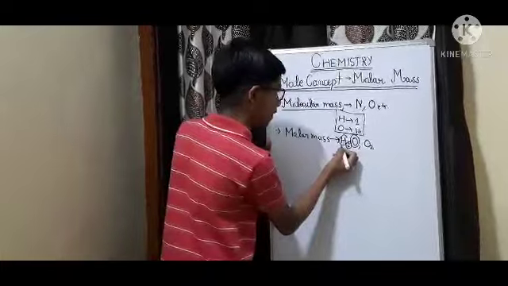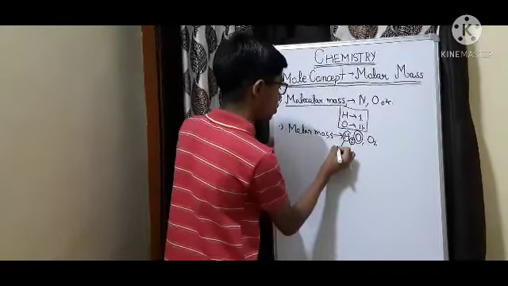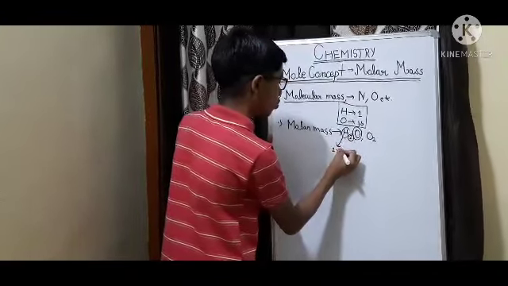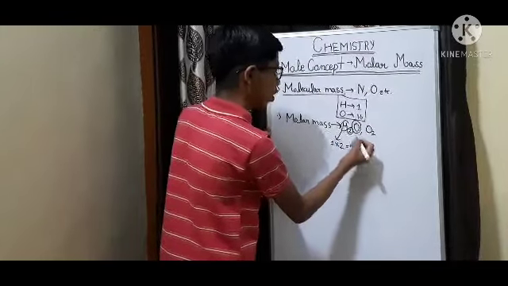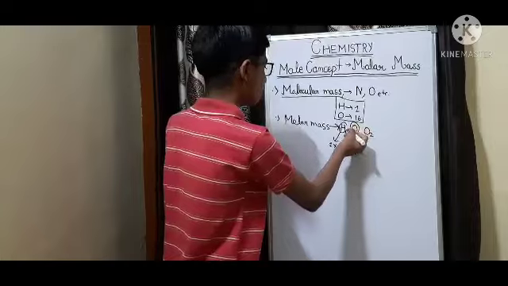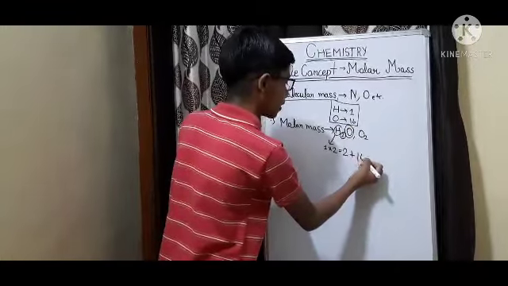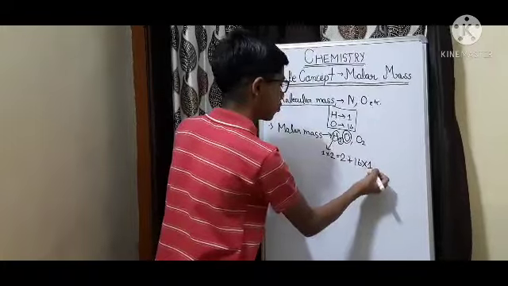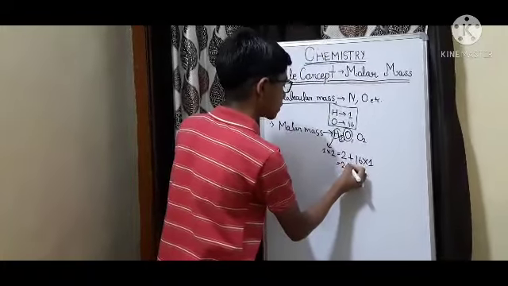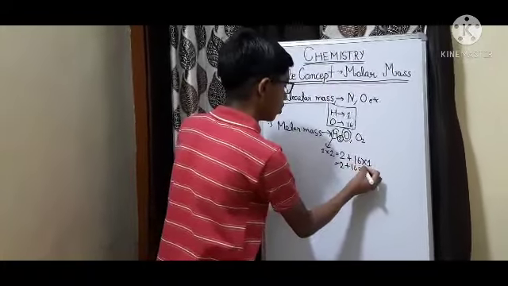First we take the molecular mass of H, that is 1, into 2 because two atoms are there, so it is 2, plus the molecular mass of oxygen, 16, into 1 because only one atom is there, that is 16. So 2 plus 16 is equal to 18.